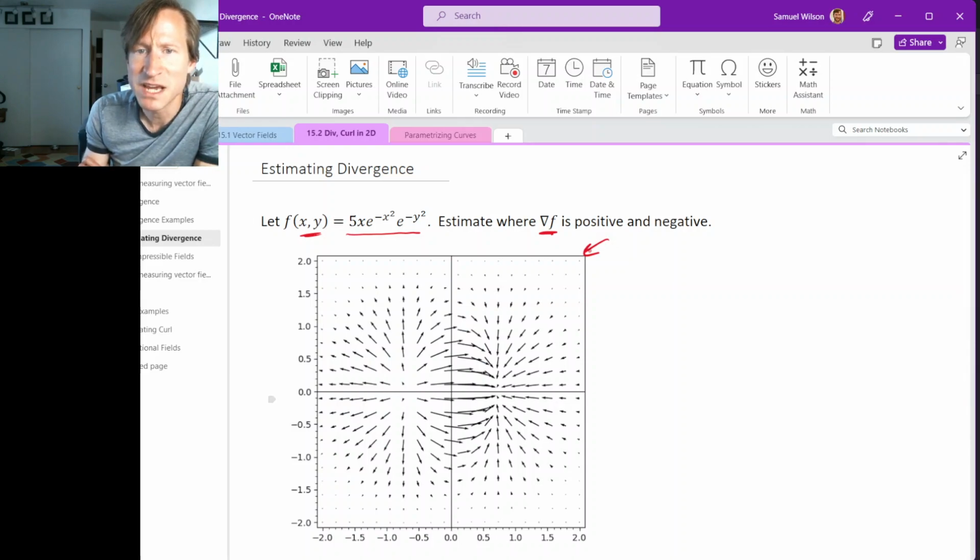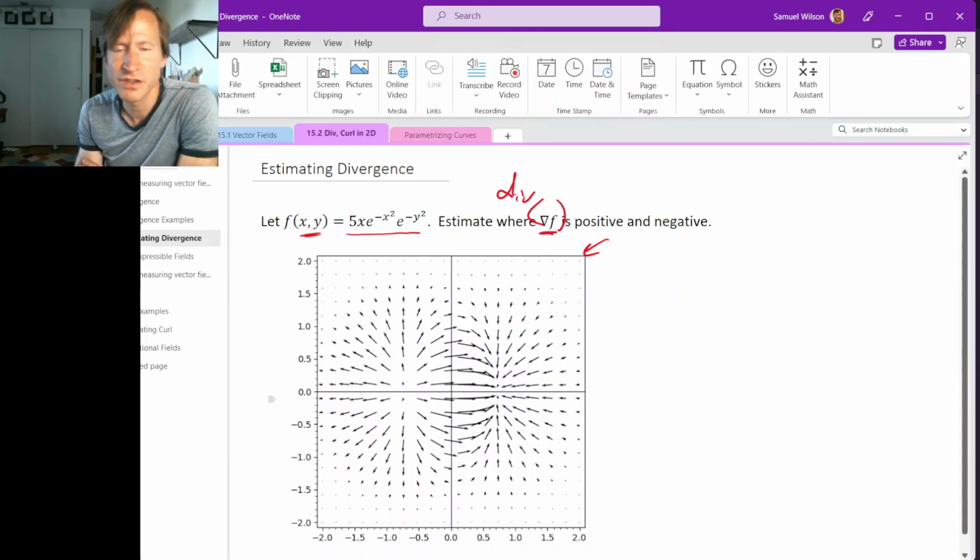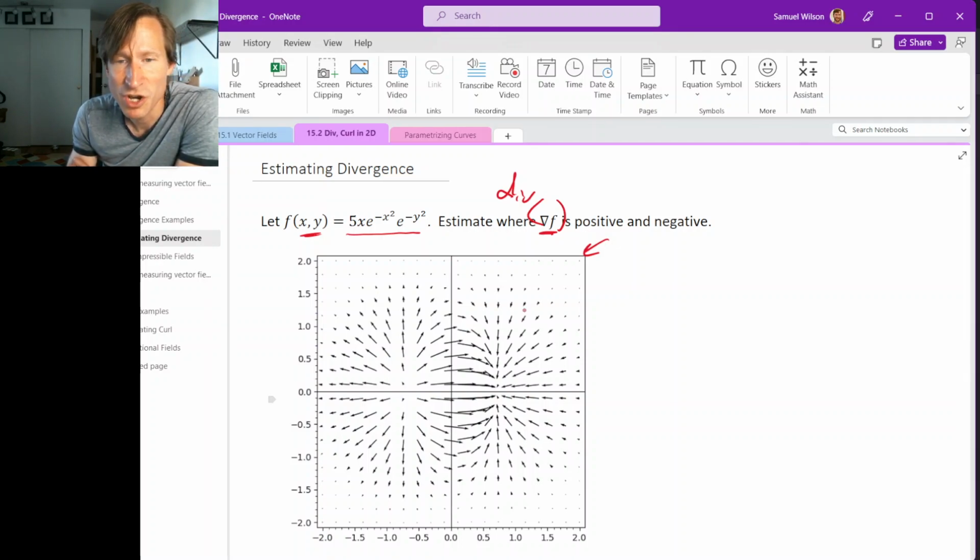So let's estimate where the divergence of this gradient is positive and negative. For positive divergence, we want to estimate where it looks like the vector field is flowing away from a point. Well, definitely here, right?